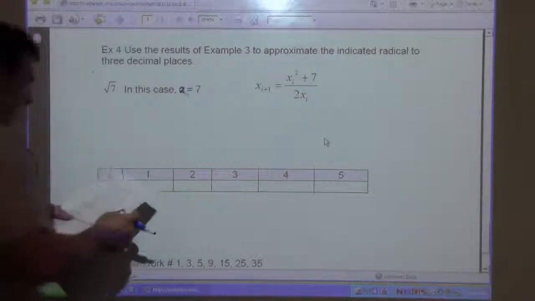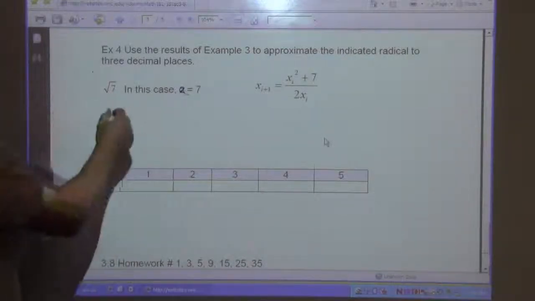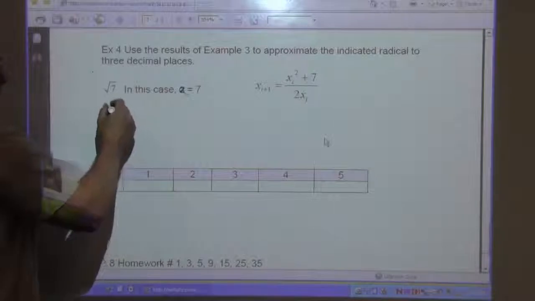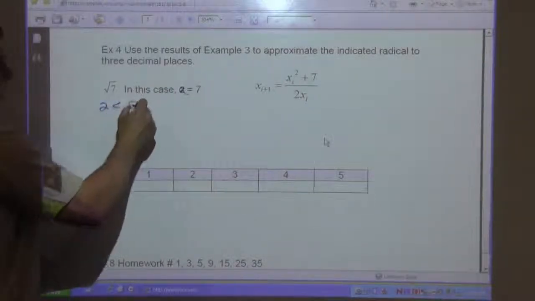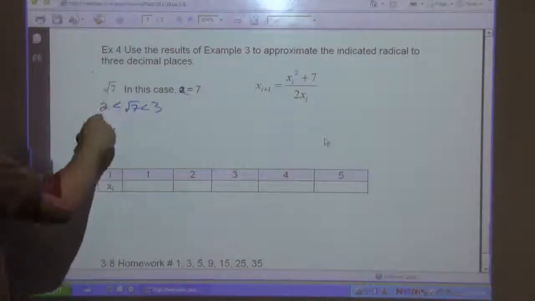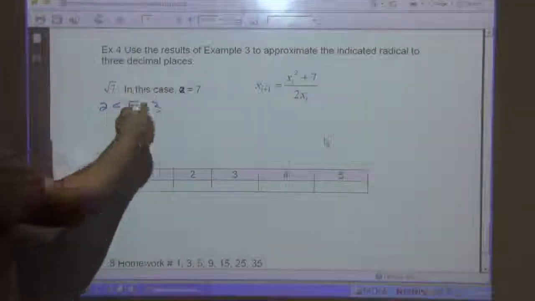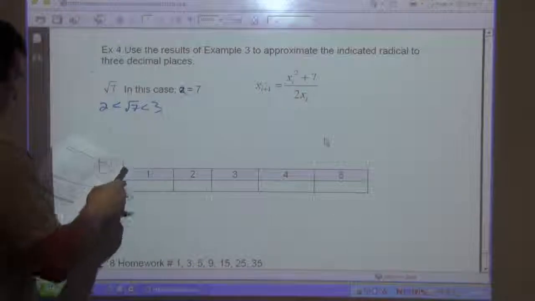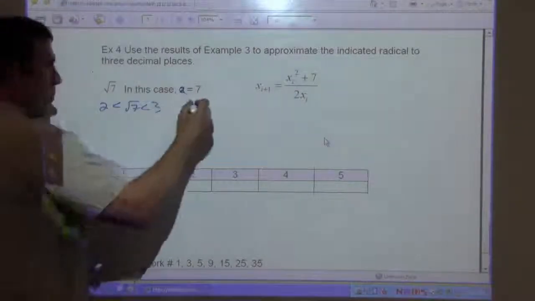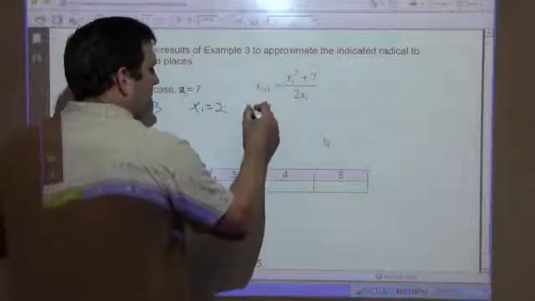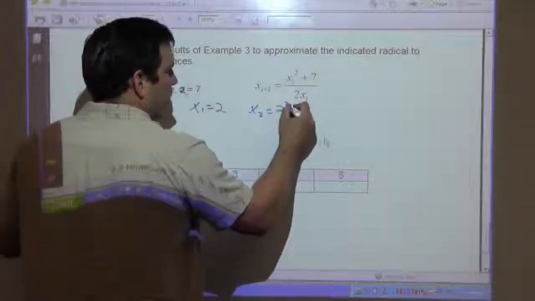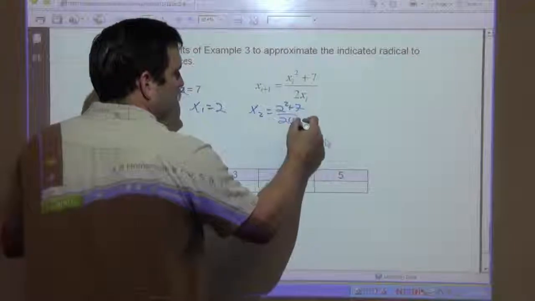So if we start with, first of all, is it reasonable to say 2 is less than the square root of 7, less than 3? Yes, because 2 squared is 4, 3 squared is 9. It's going to fall in between. So if we start at x1 being 2, x2 would be 2 squared plus 7 over 2 times 2.